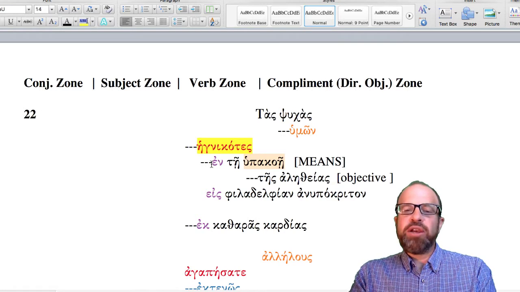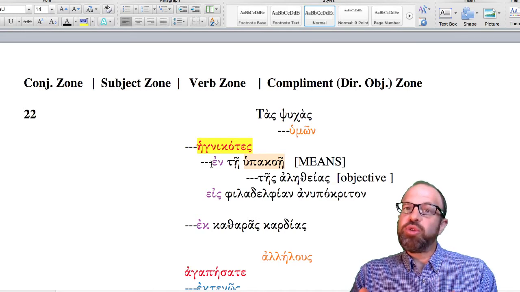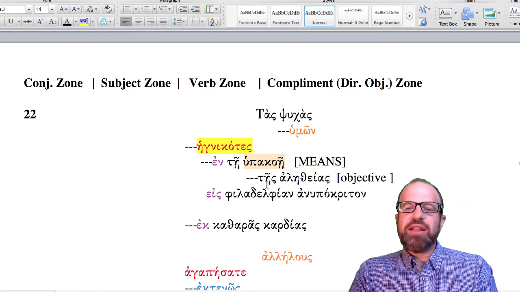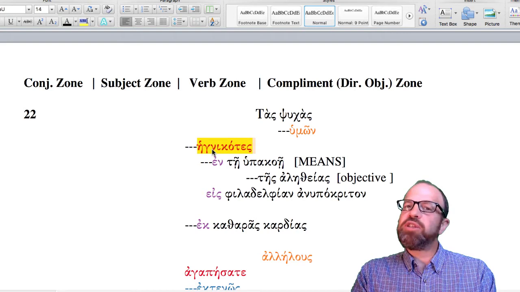And that's what Peter here is writing about, is the truth, so that people can be obedient to it, have sanctified souls, and then love one another from the heart. So this is really the means by which the sanctification occurs, obedience to the truth. And I didn't mention it before, but this perfect tense verb form is really significant.